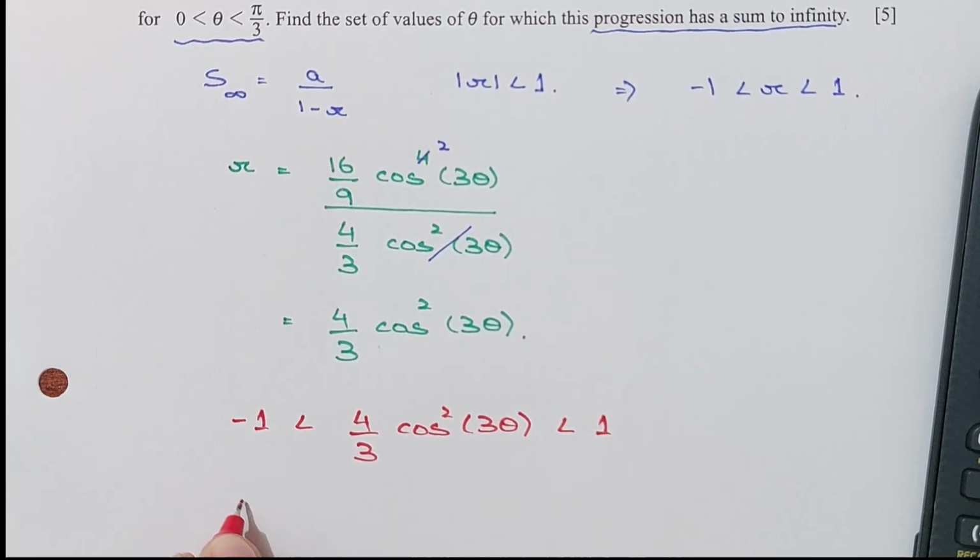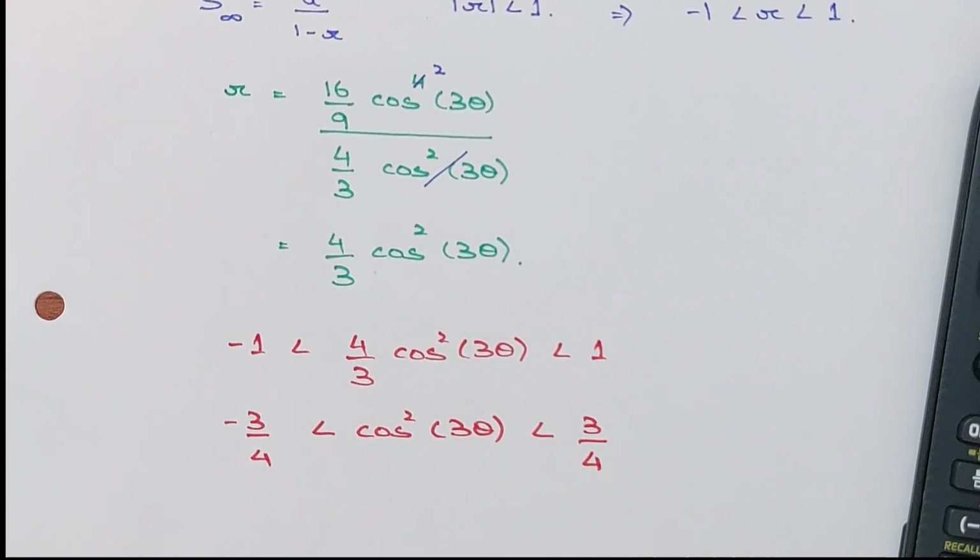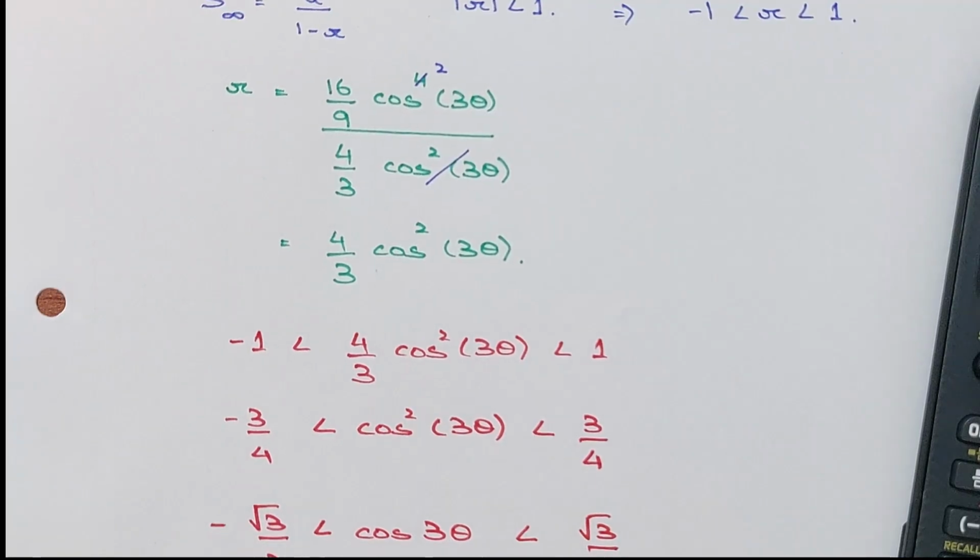So first we have minus 3 by 4 is less than cos^2 3 theta is less than 3 by 4, right? And then taking a square root on both sides, minus square root of 3 by 2 is less than cos 3 theta is less than square root of 3 by 2, right?